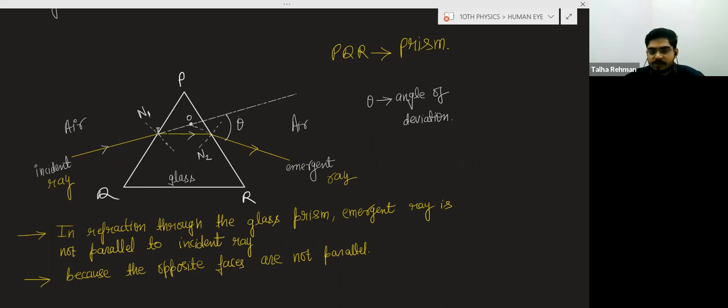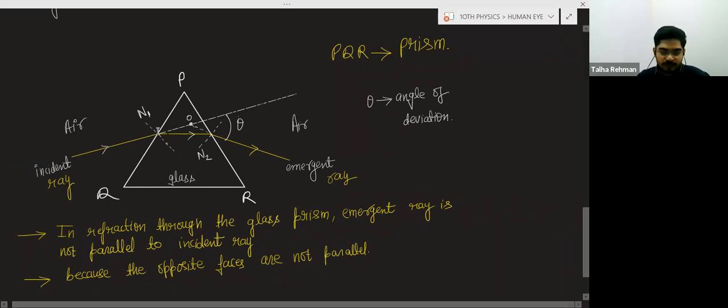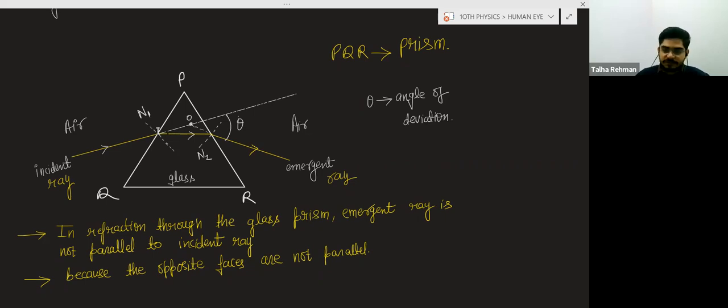This phenomenon is known as the dispersion of light, given by Newton. So he took a glass prism and passed white light through it, and on the screen he got a band of seven colors.